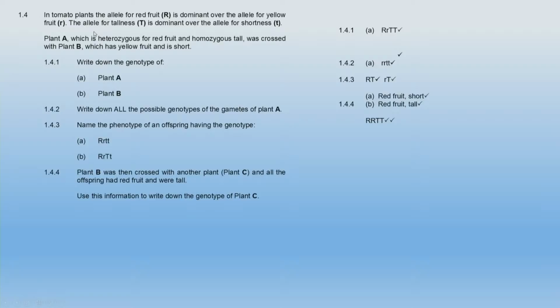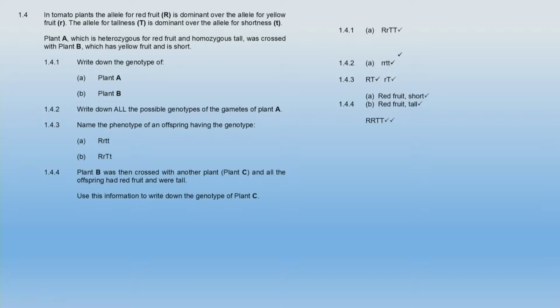Now, be sensitive on a question like this one. What is the recessive allele for fruit color? And then the learners wrote yellow, which is totally wrong. The allele is small letter r. And the allele in this case is r.